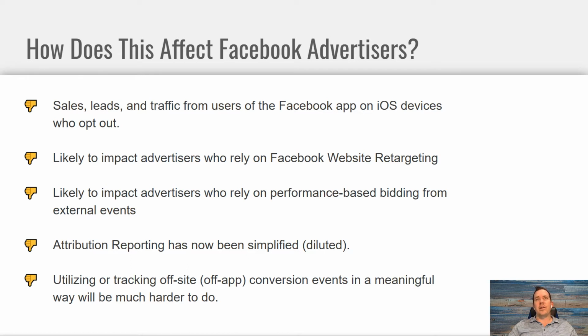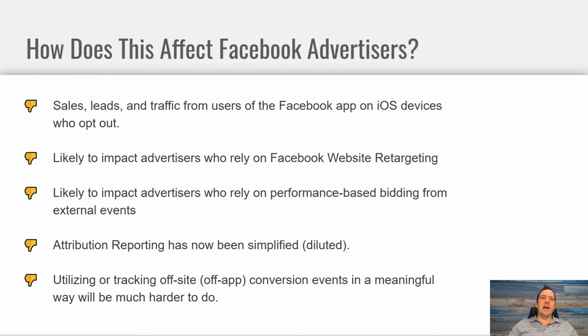And Facebook is doing a lot of things to, I guess, simplify the data. But when you're so reliant on data for both tracking and for targeting, it's going to cause a disruption. We just don't know to what degree.